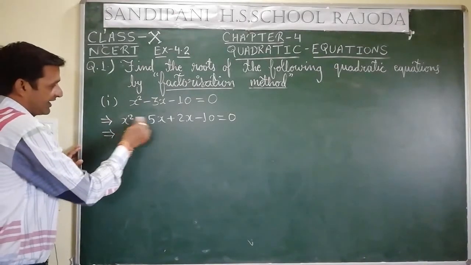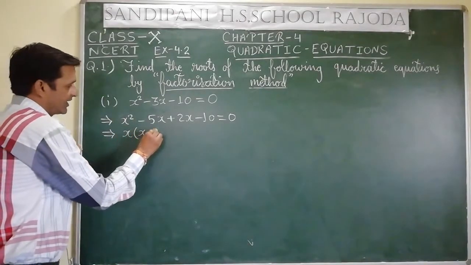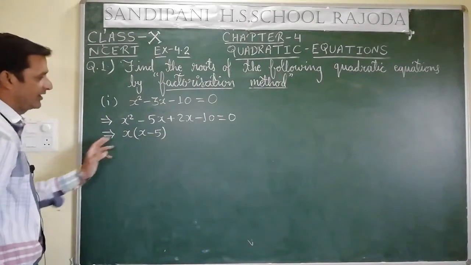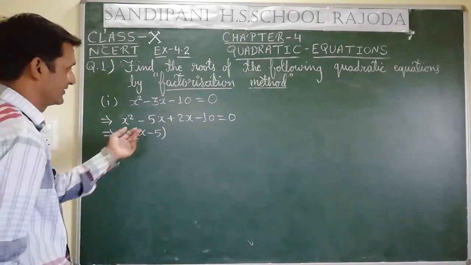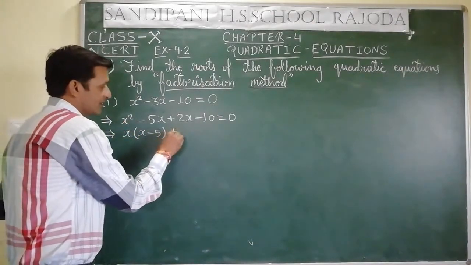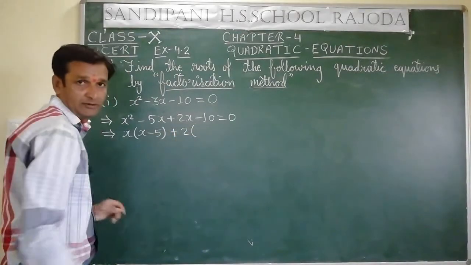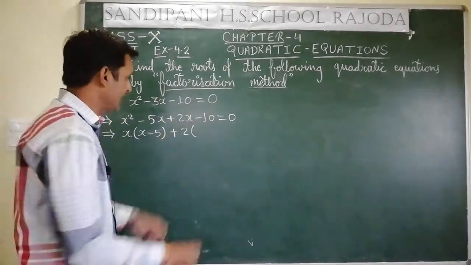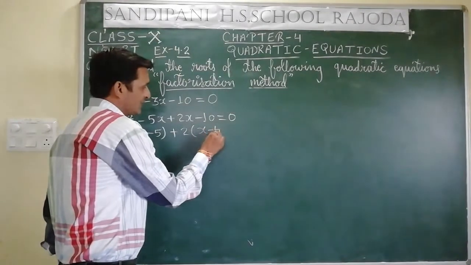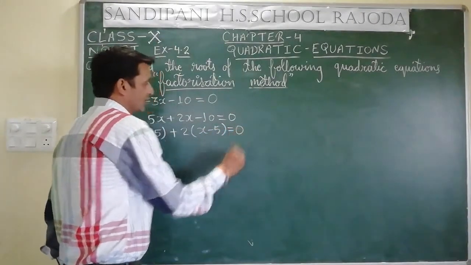if we take x common from here, x minus 5 are the remaining terms from these two values, plus if we take 2 common, then 2 fives are 10, so it will again be x minus 5 is equal to 0.